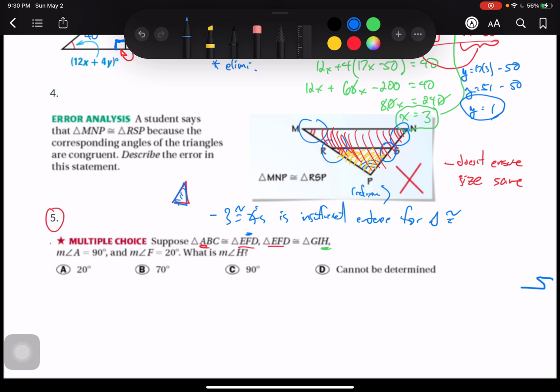If A is 90, well, before we even begin, look at this. The first triangle, second triangle, the second triangle again, and then the third triangle. This should be reminding you of a similar thing we've seen before. I'll spell it out for you.